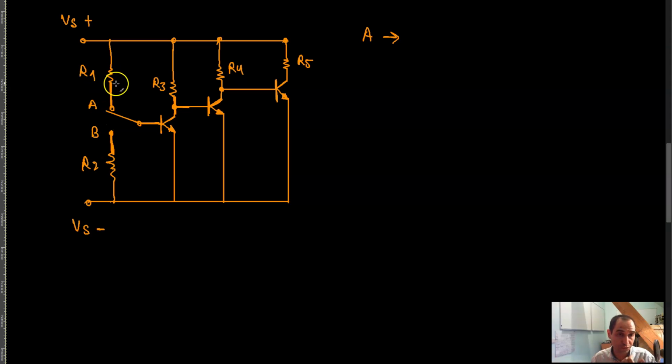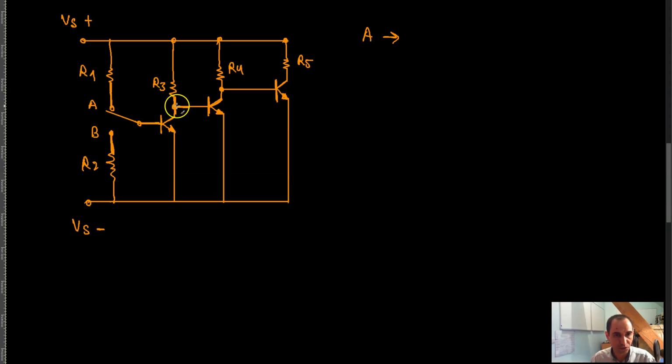Your goal is to choose the resistor values in such a way that when the base of the transistor is tied to the positive rail through this resistor R1, the transistor gets saturated or is turned on. So there is current from the positive rail through the collector to the emitter to the ground.